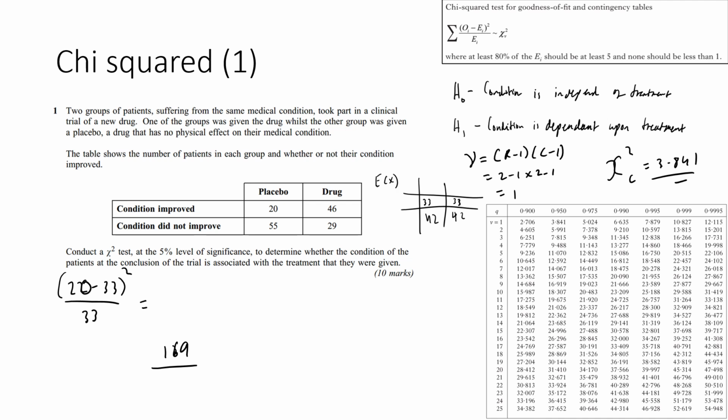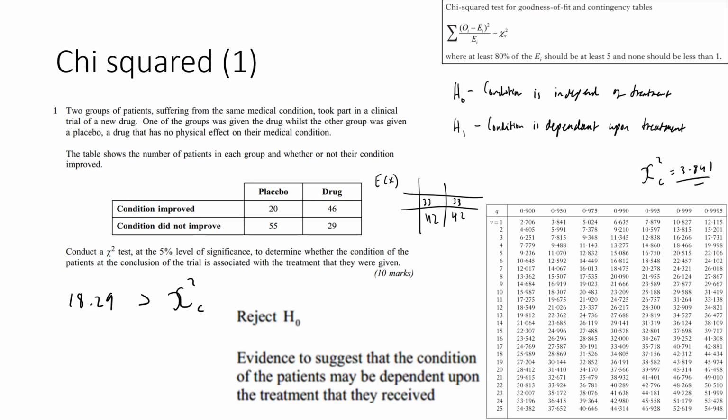So 169 over 33 plus 169 over 33 plus 169 over 42 plus 169 over 42. And that gives us 18.29.